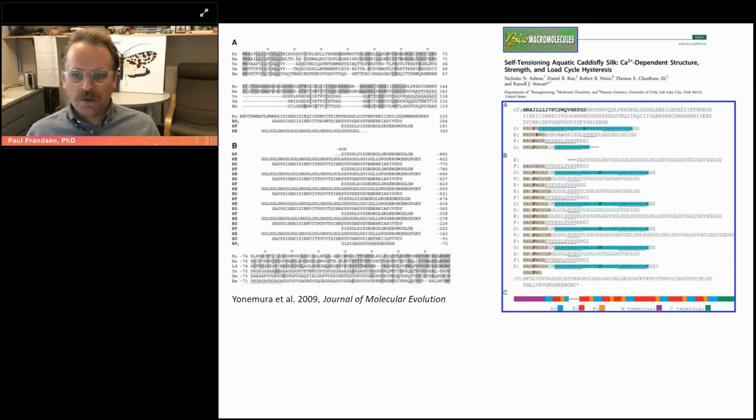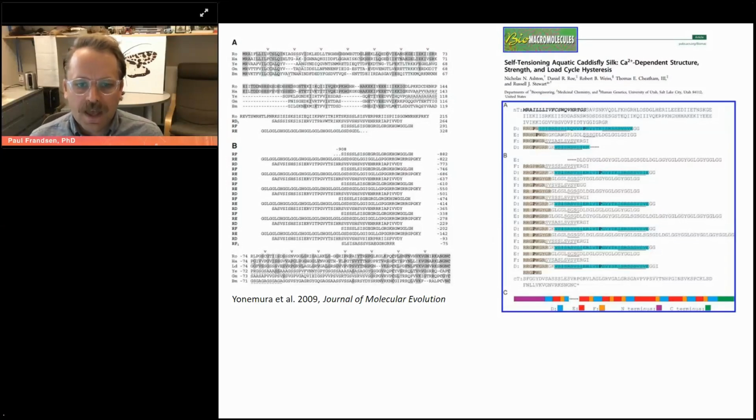The first heavy fibroin chain sequences for caddisflies were published by Yonemura et al. in 2009. This is a somewhat complicated diagram, but on the left, there's A and B. A is the N terminus of the gene, and this is, again, an amino acid alignment where the first two sequences are caddisflies, and then the next three are moths.